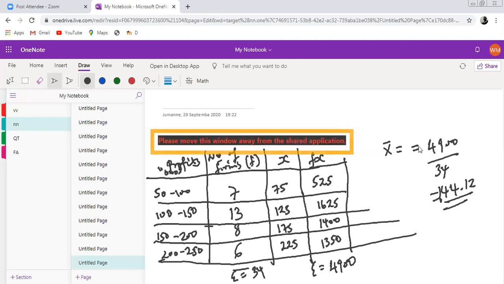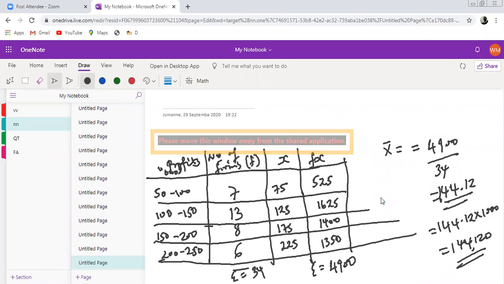So once you get your mean, you should remember to multiply 144.12 times 1,000, so that now you have it in thousands. You multiply by 1,000 because these profits were actually in thousands here, so that now your actual answer should be correct.